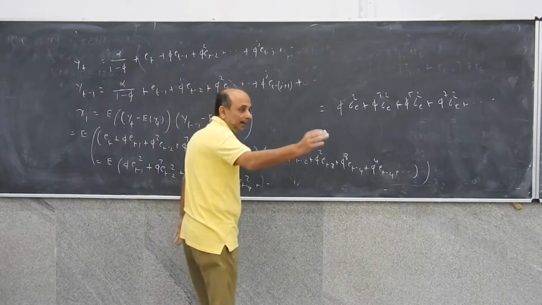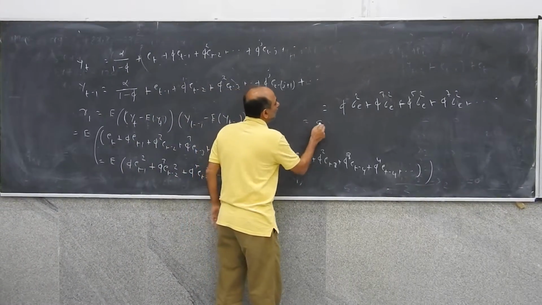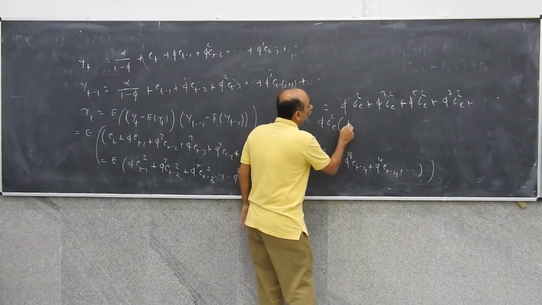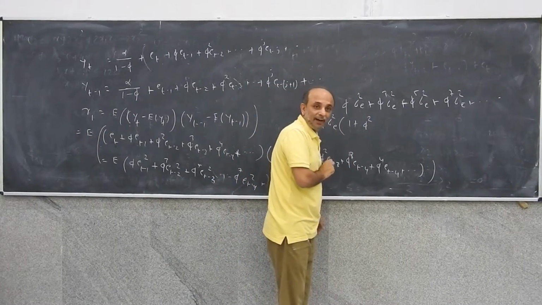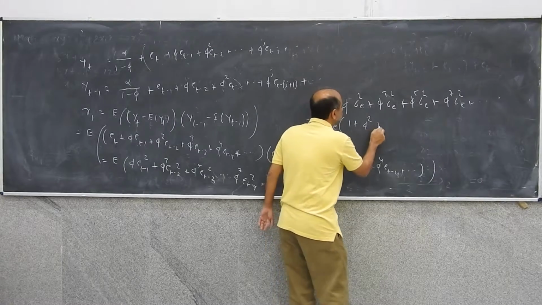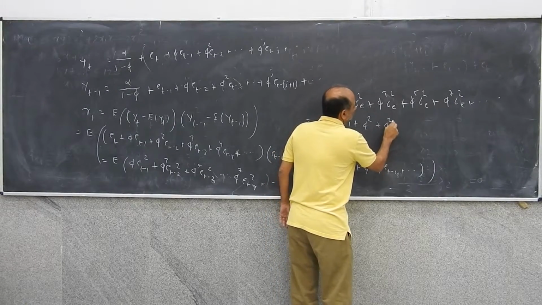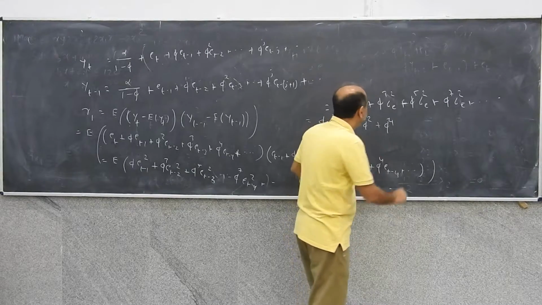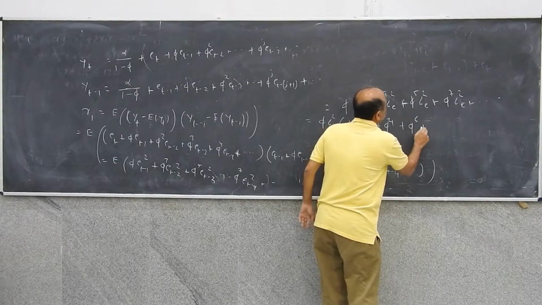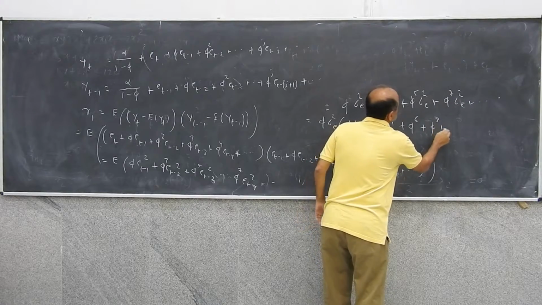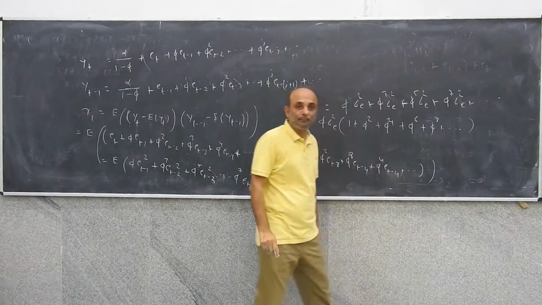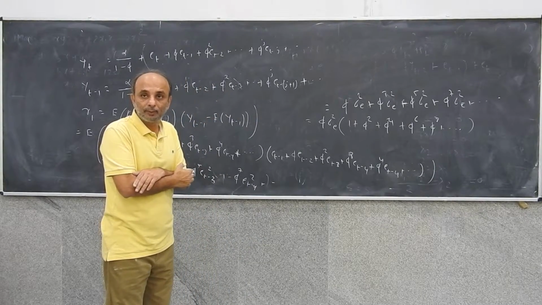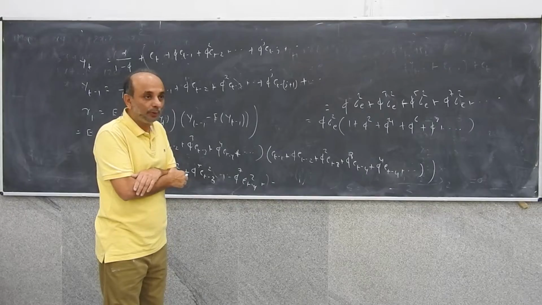So what do I get? I get phi sigma square e times 1 plus phi square plus phi raised to 4, right? Plus phi raised to 6 plus phi raised to 8, and so on. Sure?